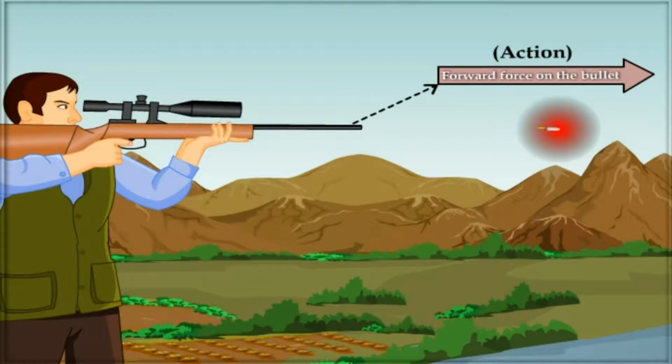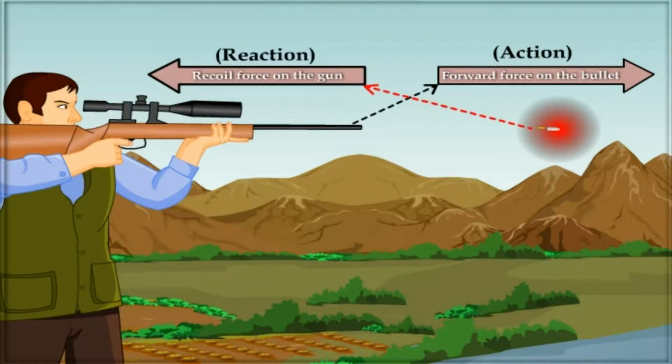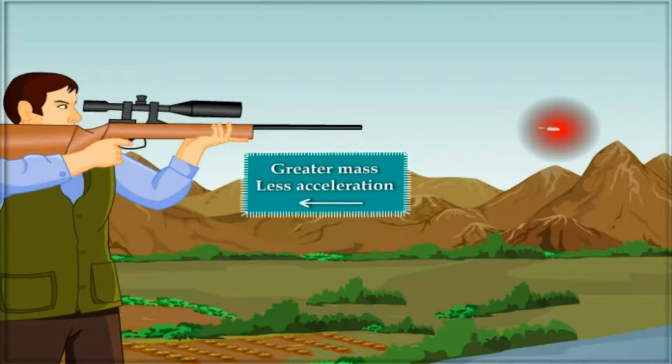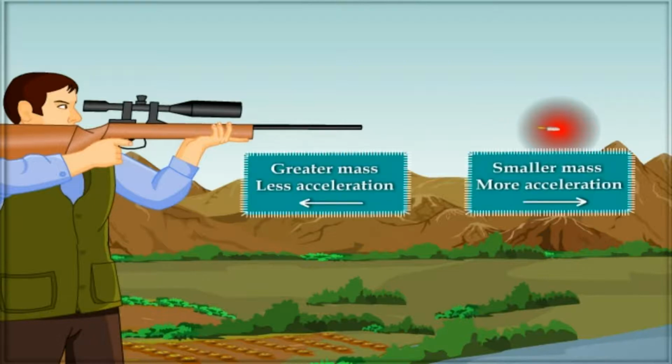Also, the bullet exerts an equal and opposite reaction force on the gun, due to which the gun recoils. Since the gun has much greater mass than the bullet, the acceleration of the gun is much less than the acceleration of the bullet.